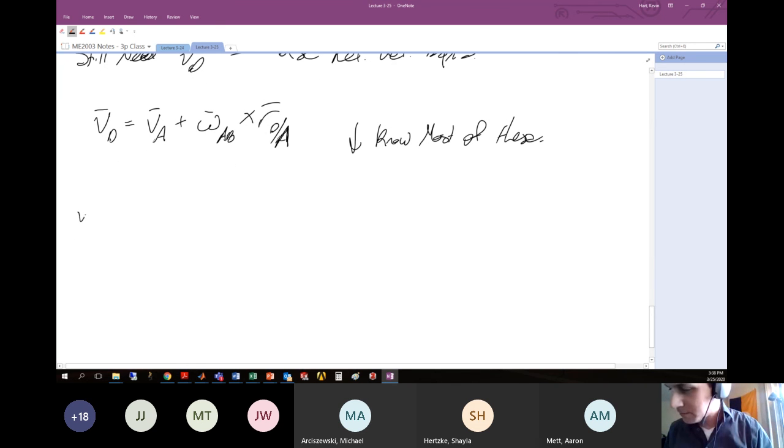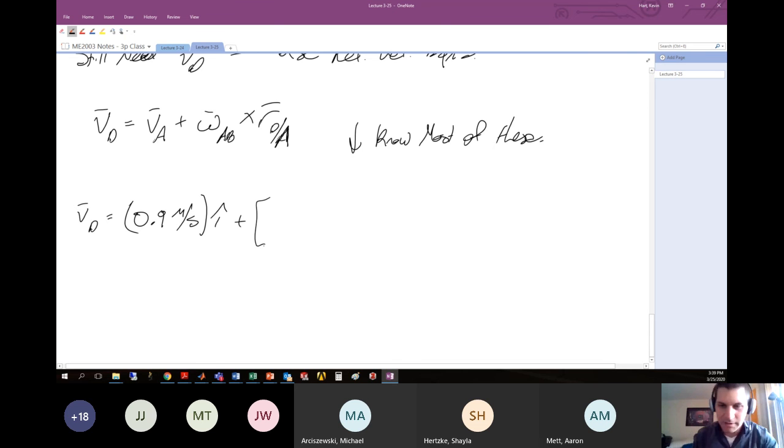The velocity of D is the velocity of A we were given in the beginning of the problem, 0.9 meters per second in I hat, plus the angular velocity omega AB, which we know from before is 3 k hat radians per second, crossed with the position vector now locating D from A.